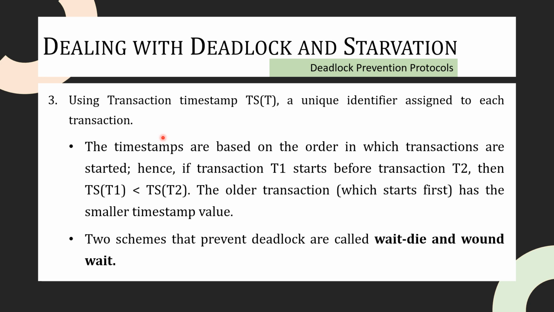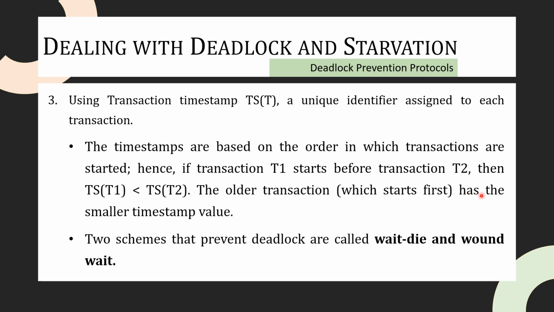We'll move to the third type of prevention protocol, which makes use of a transaction timestamp, TS(T). It is a unique identifier assigned to each transaction. The transaction timestamps are based on the order in which the transactions are started. Hence, if transaction T1 starts before T2, then the timestamp of T1 is less than the timestamp of T2.